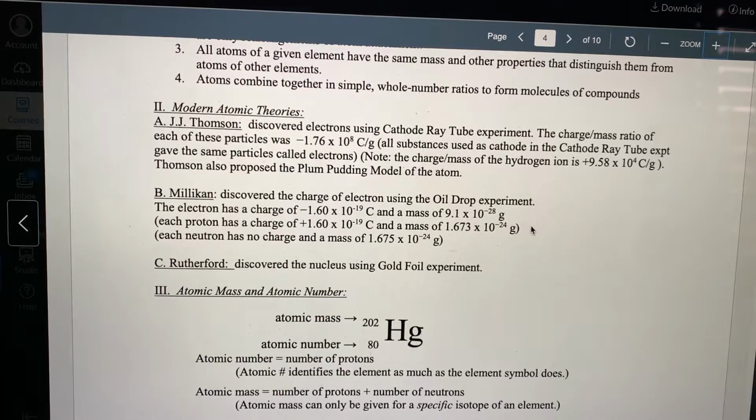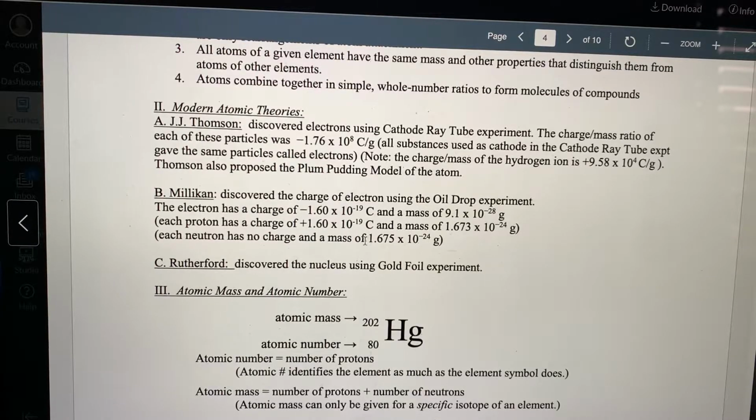Pretty awesome. One electron has a charge of negative 1.6 × 10^-19 coulombs. C is coulomb, the unit of charge. And an estimated mass of 9.1 × 10^-28 gram. This is really tiny.